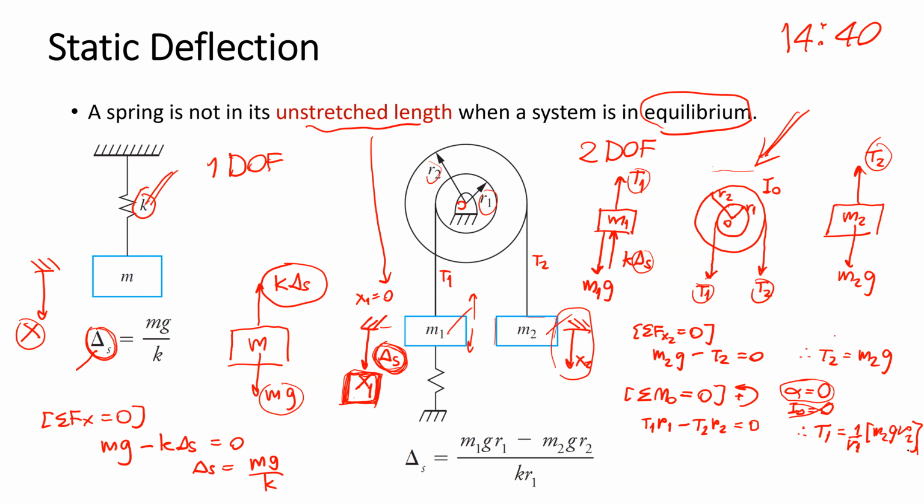T1 is equal to T2 R2 divided by R1, right? And T2 is M2 multiplied by G.